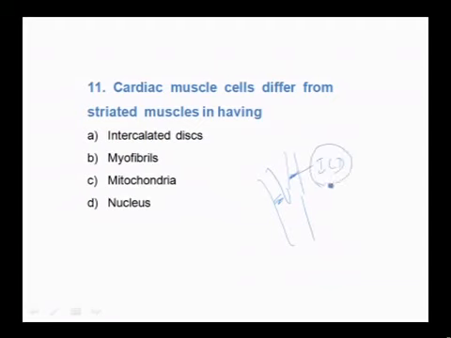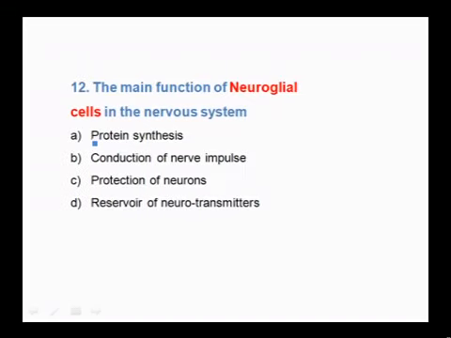Such intercalated discs are absent in smooth or striated muscle. Cardiac muscle differs from striated muscle in having intercalated discs. Myofibrils, mitochondria, nucleus are all present in all types of muscles, but intercalated discs are present only in cardiac muscle. Move on to the next question.